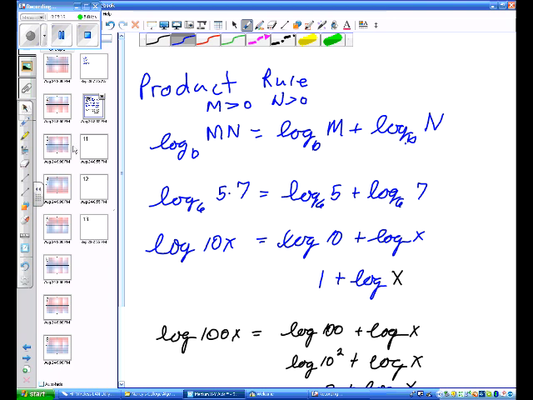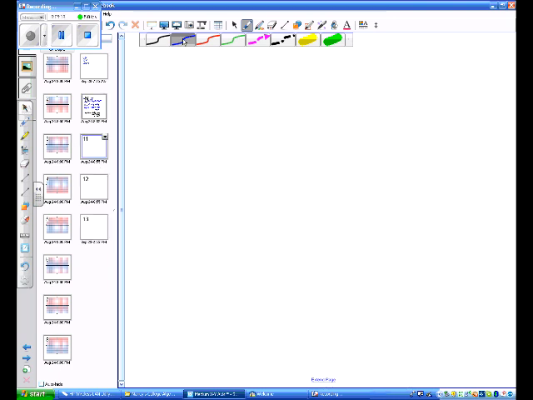Okay, we want to look at the next rule, which is our quotient rule. And again, we're talking where m is going to be greater than 0 and n is greater than 0. Now our quotient rule is dealing when we're taking the log of a quotient. And again, both of these are positive numbers.